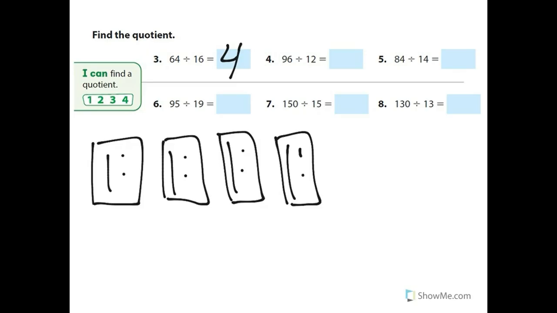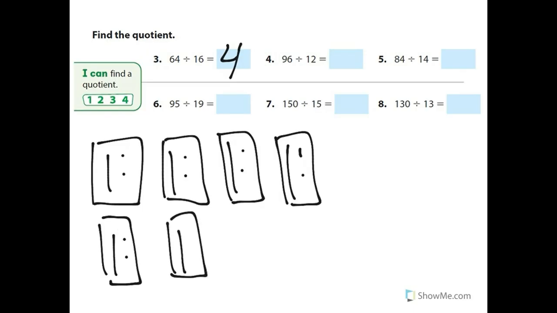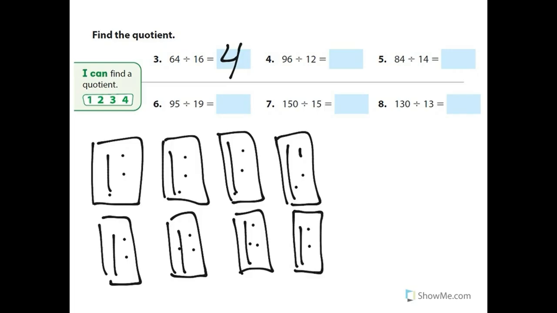That makes 48. 5, 6, 7. We got 10, 20, 30, 40, 50, 60, 70, 72, 74, 76, 78, 80, 82, 84. We can put one more. It'll make 96. So that is 8 groups.